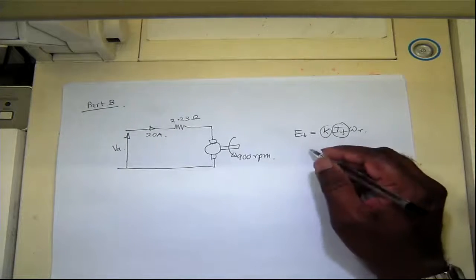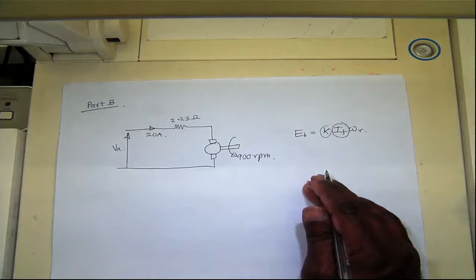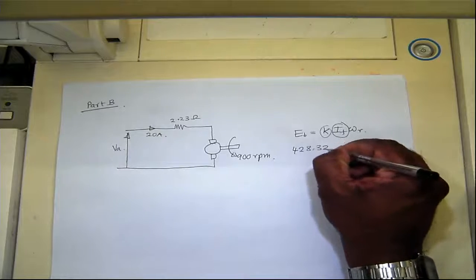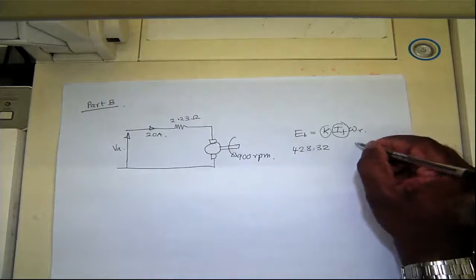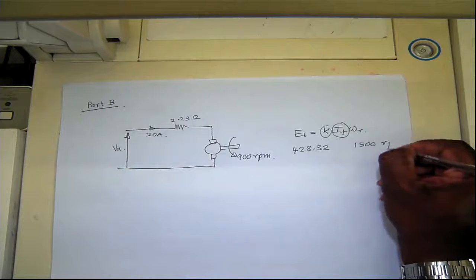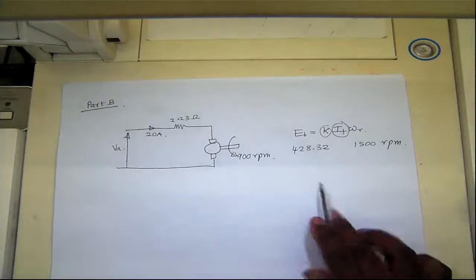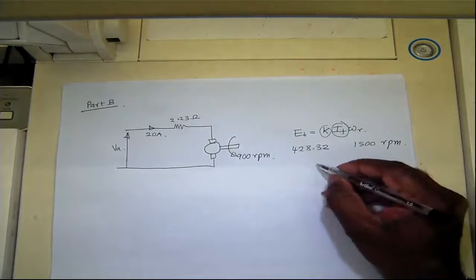So previously we had EB of 428.32. This was at a speed of 1500 RPM. So if the speed drops to 900 RPM, the back EMF will drop linearly as well.